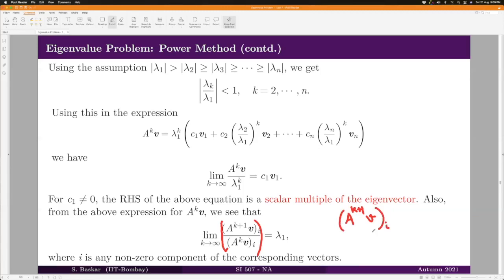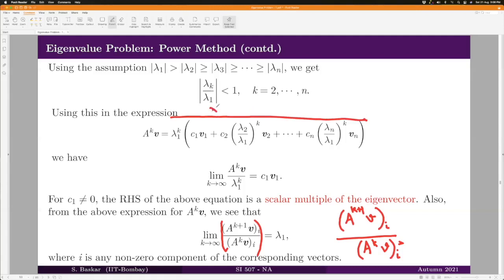You take any one component of this vector, divide it by A^k b, the previous step's vector, and take the same component i. What will happen? Clearly, you have A^k b is this one divided by this one. What is the numerator?